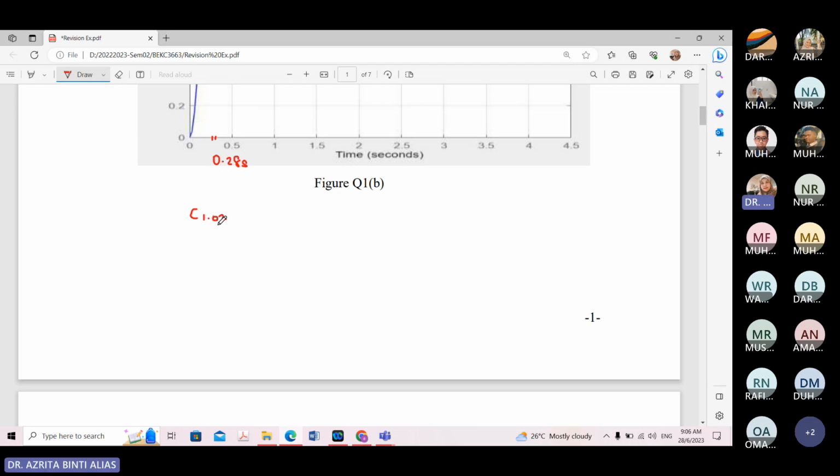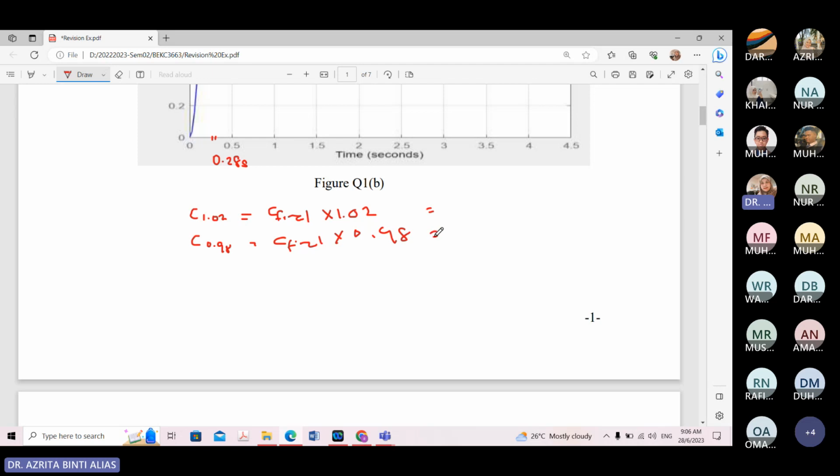Since our system is plus 2%, we make it 1.02, so we multiply C final by 1.02. And then for C at minus 2%, we multiply C final by 0.98.